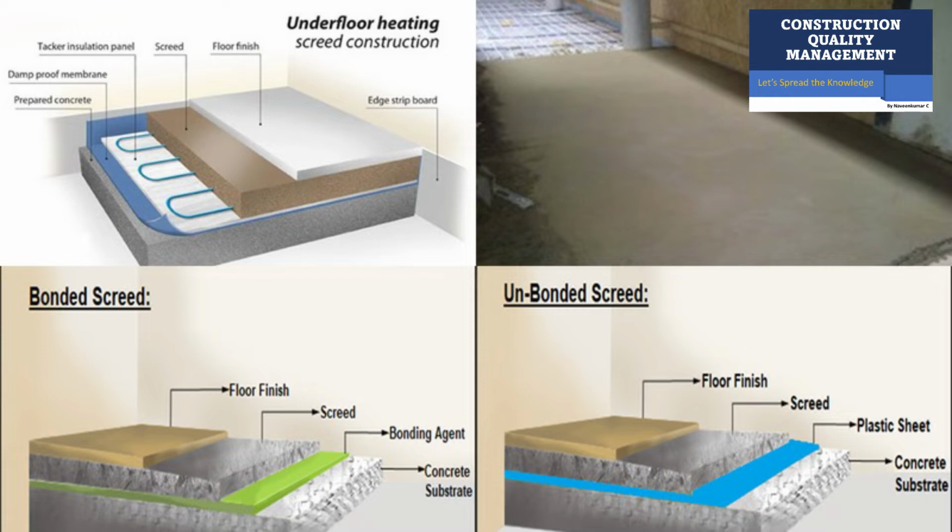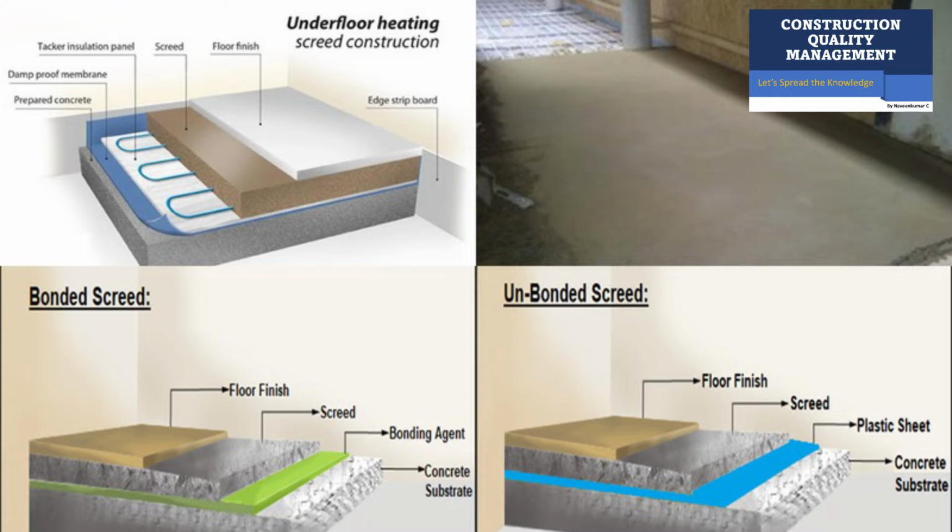I will be attaching the reference photos somewhere here, where you can see the coils are inserted or sandwiched, and it will be packed with a cement and sand layer, and next the top screed, whatever, the leveling screed or wearing screed or any type of screed can be laid on top.